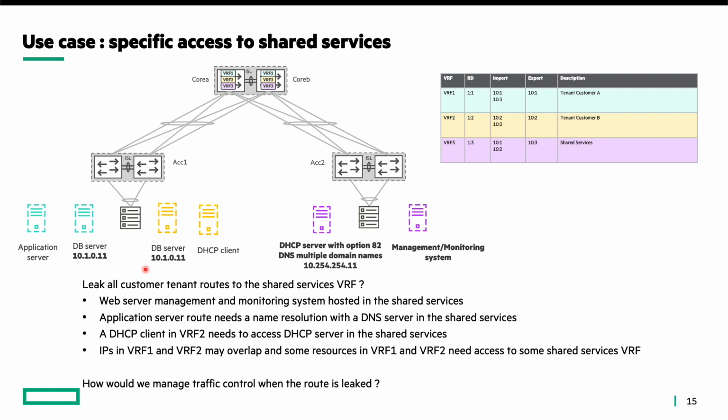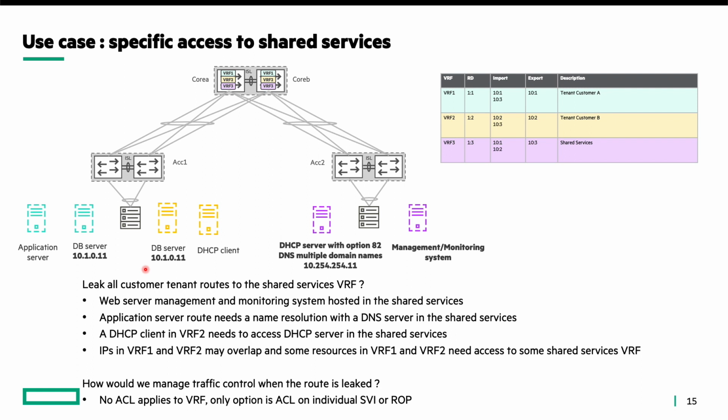Also, if we don't add any control, is there an easy way to restrict the connectivity between different resources, between different servers? And the answer is no, because if we want to control this traffic flow, we need to apply an access control list.